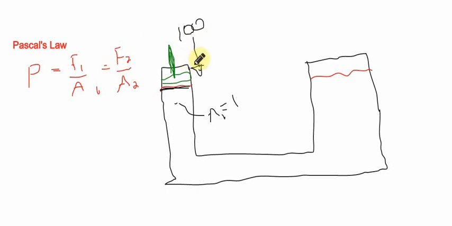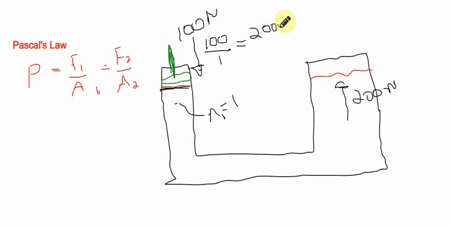So according to pressure, the pressure experienced on the left side is just 100 divided by 1, right? Force over area. Now we know it has to be equal to whatever ratio that we have on the right side. Now let's suppose the force that's being pushed up is now 200 newtons. Now, why do you think the force increased to 200 newtons? Well, it increased to 200 newtons because we increased the diameter. This A2 is much bigger than A1.